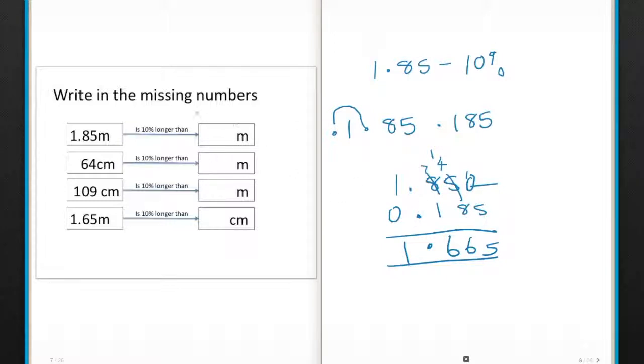So that's 10% longer than 1.665 meters. Next one.